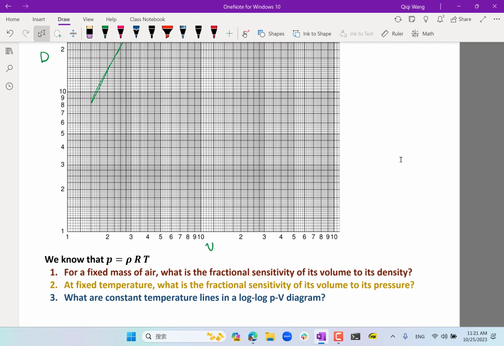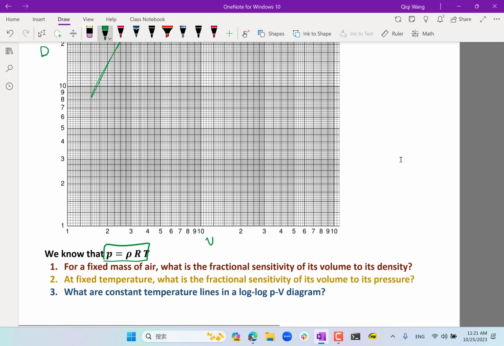So we'll start from this basic equation we know previously, and ask a few questions. For a fixed mass of air, what is the fractional sensitivity of its volume to its density? So basically, how does dV over V relate to d rho over rho, if mass is the same?